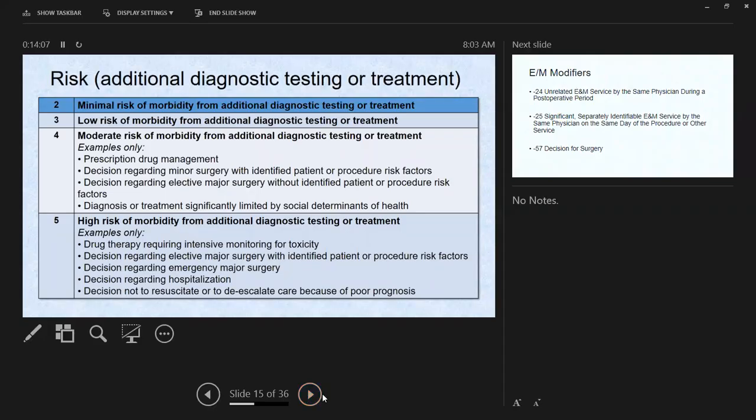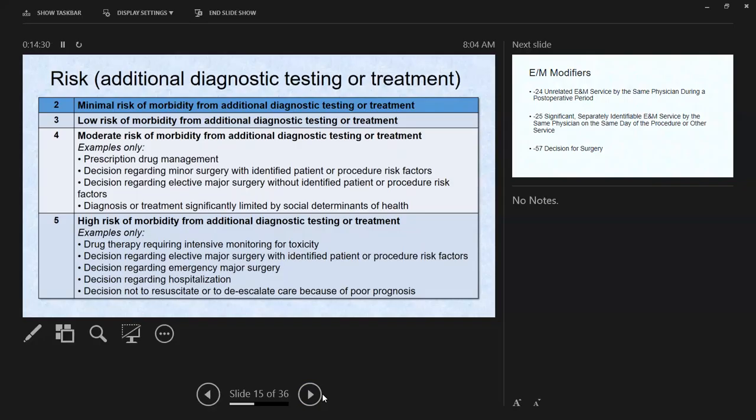Let's talk about risk. So the risk of additional diagnostic testing or the risk of the treatment. Again, these are examples. Minimal risk is from whatever the patient's diagnosis is or needing further testing or treatment. Low risk, again, those are not really well defined, so you have to use your best judgment if somebody has minimal risk or low risk.